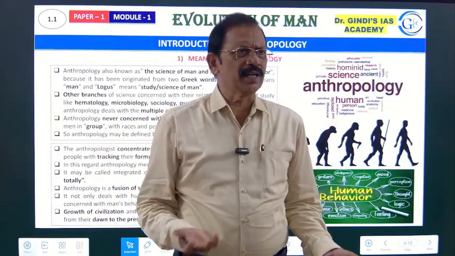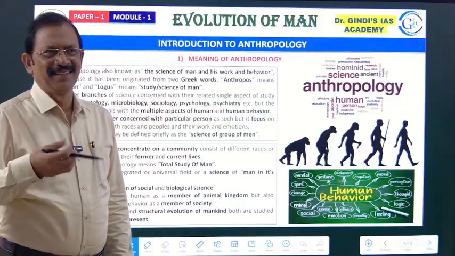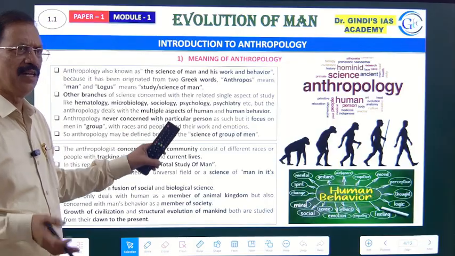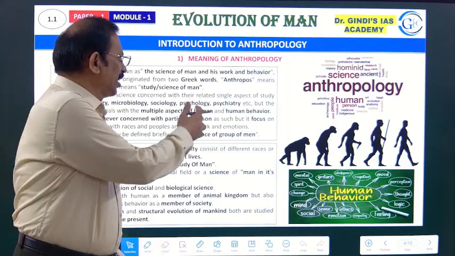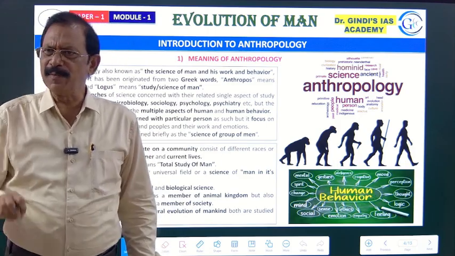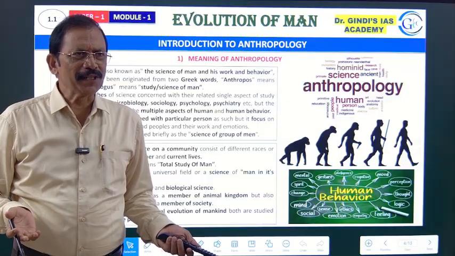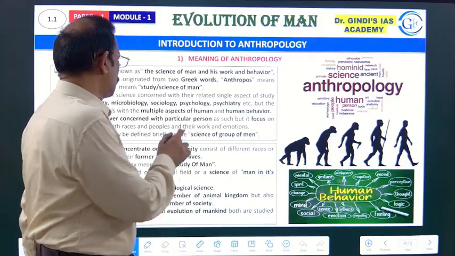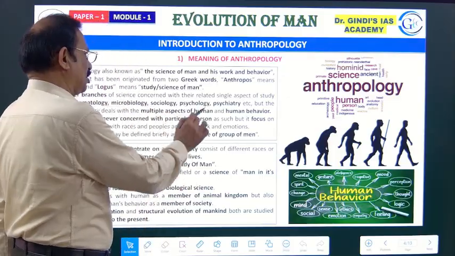Hematology means we are studying only the blood. In sociology, you are studying society. In psychology, behavioral patterns. Like this, only a single aspect is there. But in anthropology, multiple dimensions are there.